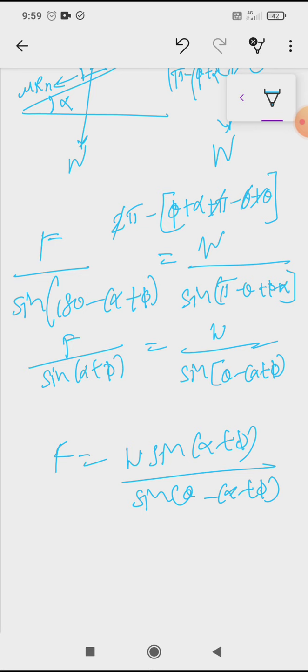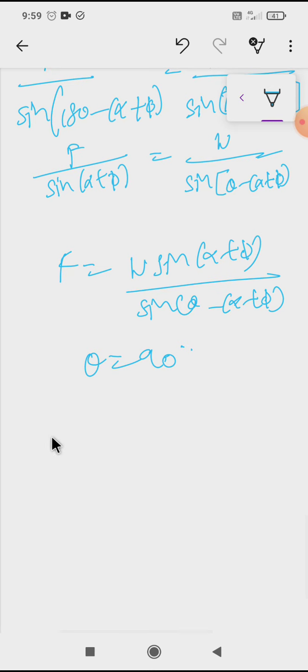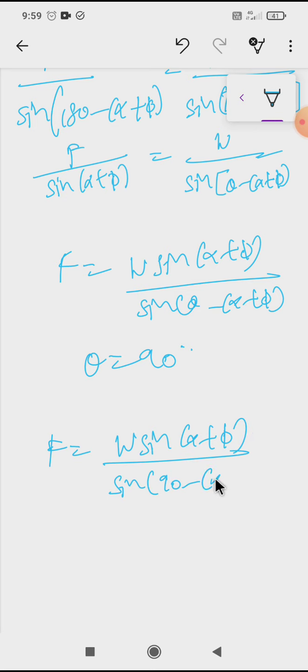If the force applied is horizontal, that is theta equal to 90 degrees, so it will be a horizontal surface. If I take theta equal to 90 degrees here, the force will be equal to W sine alpha plus phi upon sine 90 minus alpha plus phi, so it will become cos.